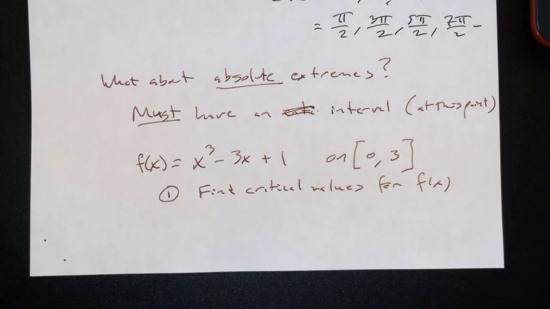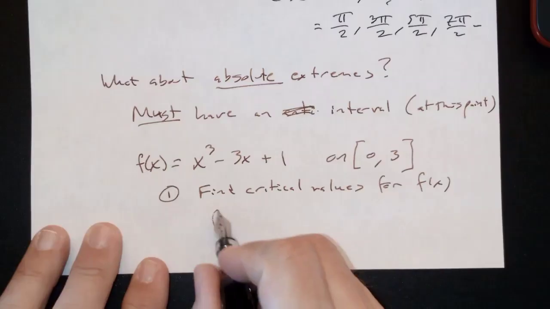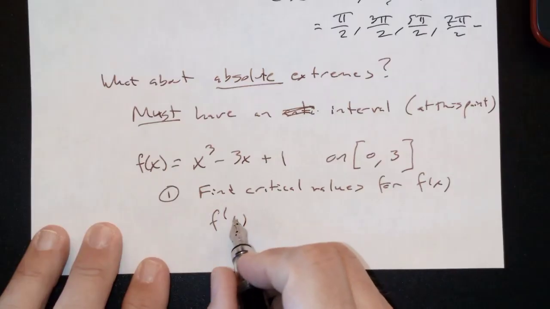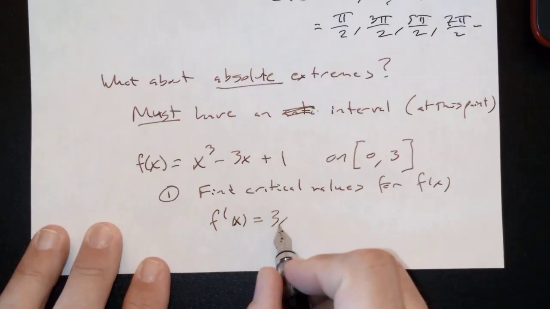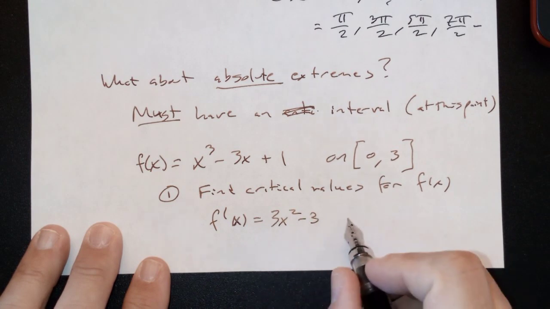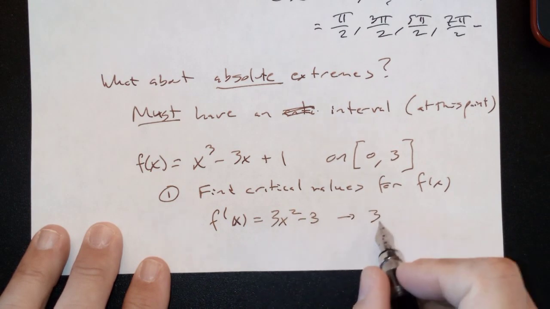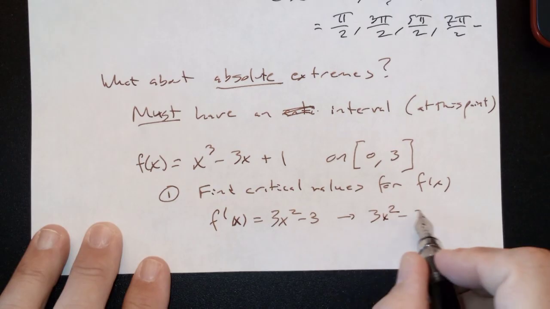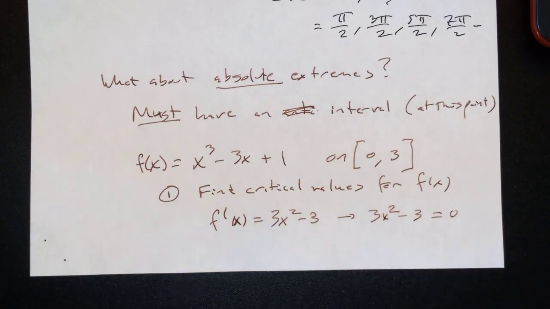This is a polynomial. Its derivative is a polynomial. Polynomials are defined everywhere. I don't have to worry about where it's undefined. I only have to worry about where it's equal to 0.